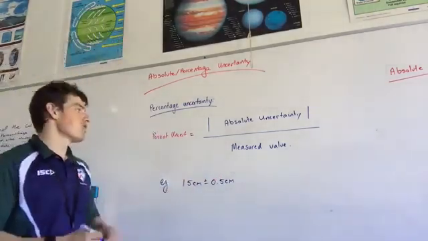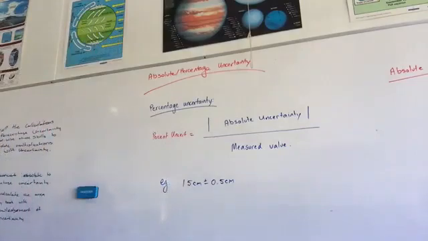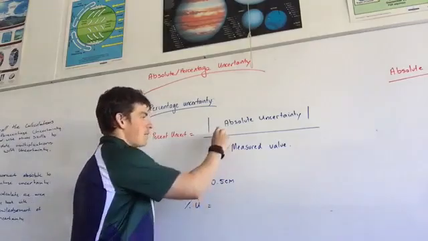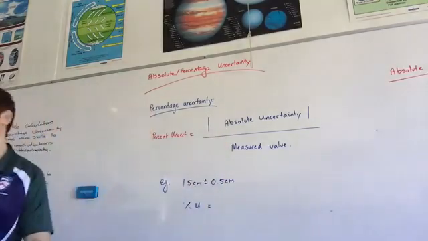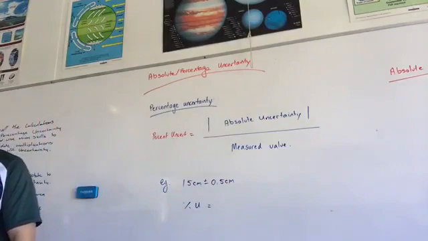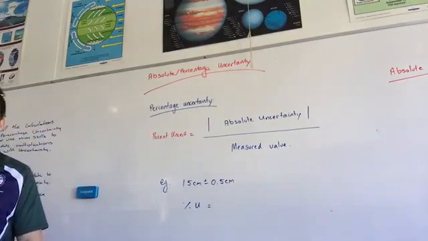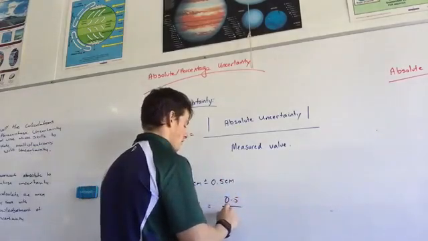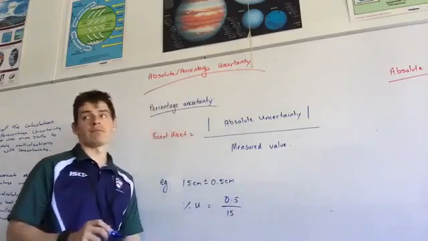So Mason measured his pencil the other day and I want to convert that to percentage uncertainty. What do I do? Percentage U equals, his absolute uncertainty is what? What was the total uncertainty identified when he measured his pencil? 0.5 divided by his measured value? 15.